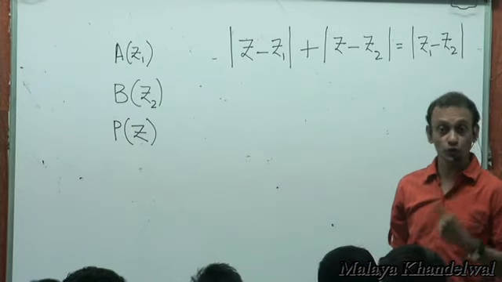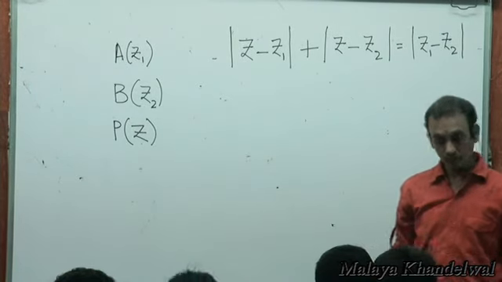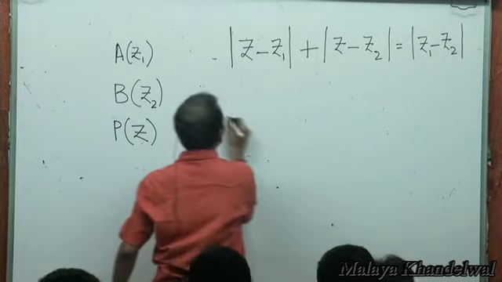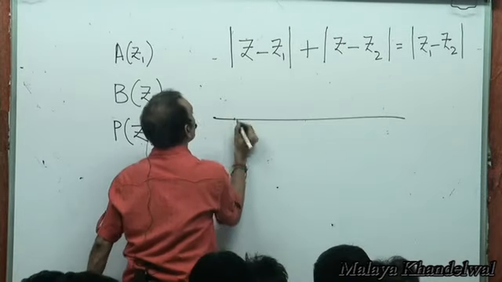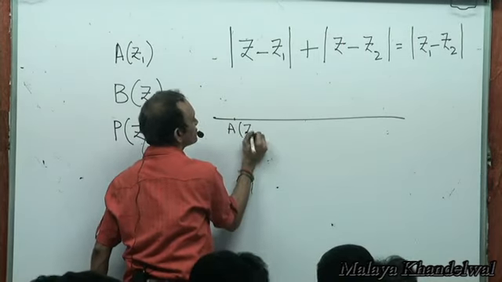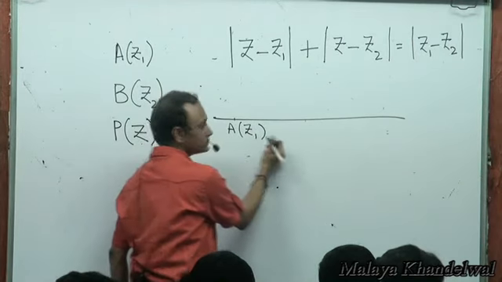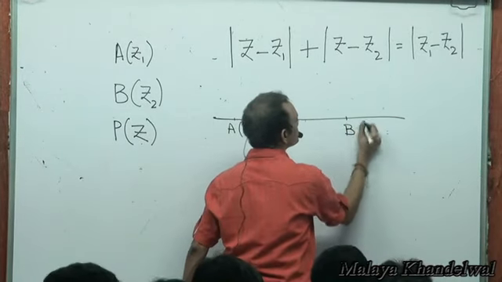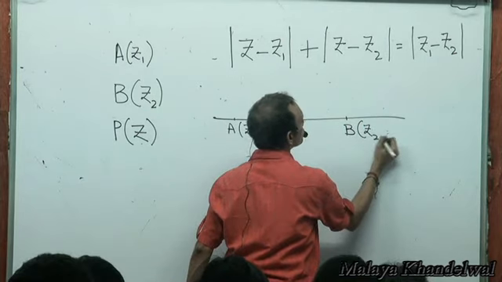We need to work out the locus of P. Say A is this point with position vector Z1. B is this point with position vector Z2.